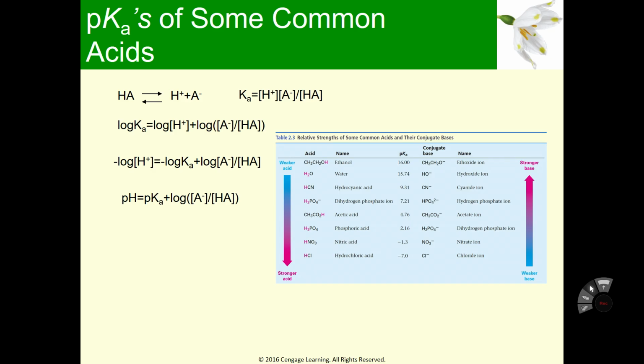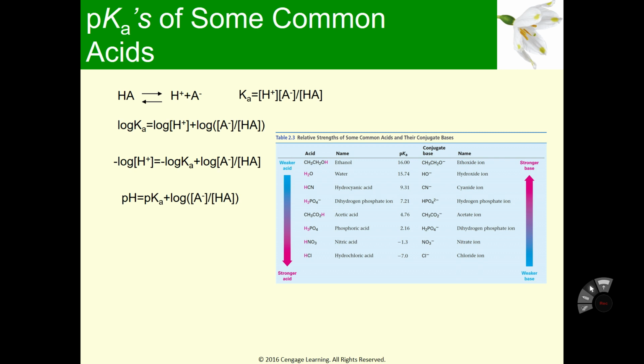In the ionization of an organic acid, we can represent the equilibrium constant, okay? The neutral molecule can be ionized as H plus and A minus. So we can define the equilibrium constant Ka as H plus multiplied by A minus divided by HA.